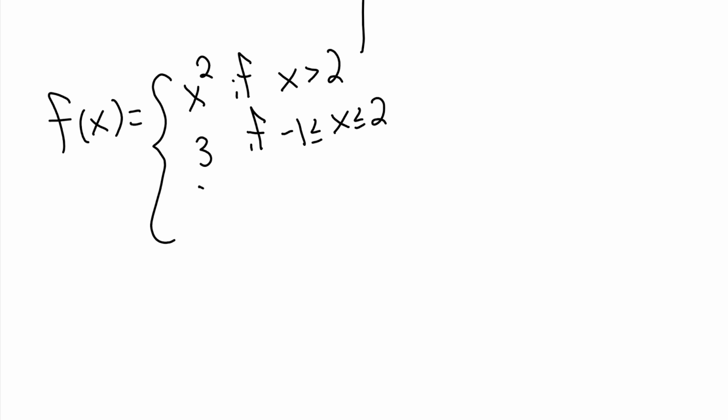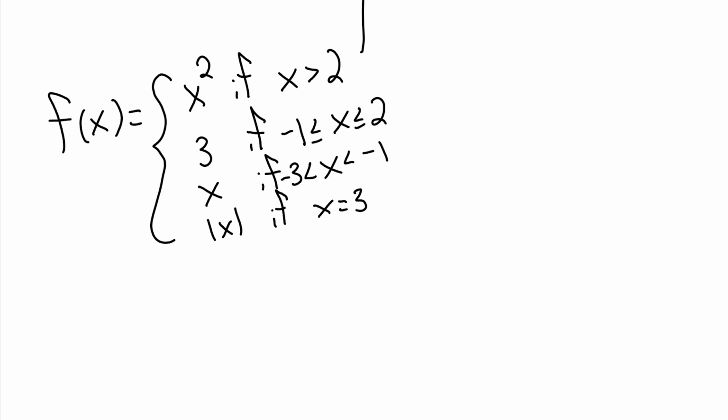Maybe it's equal to x if x is, sorry, just less than negative 1, but greater than, I don't know, negative 3, sorry, this should be negative 3, right? Maybe it's equal to the absolute value of x if x is equal to 3.